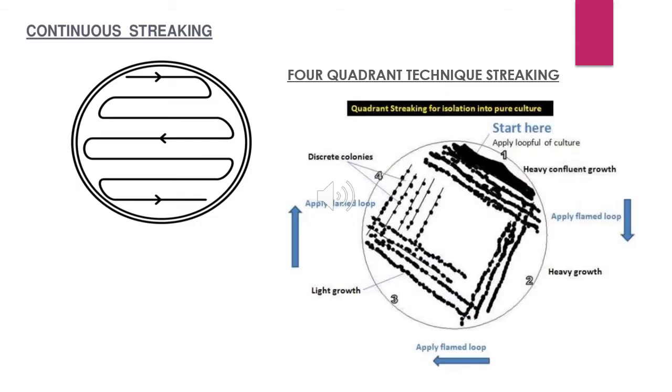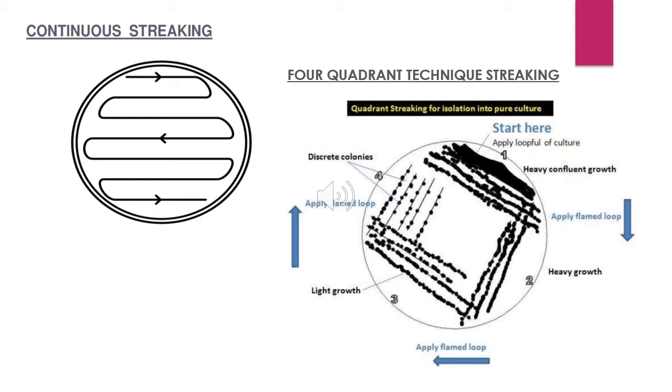So here are samples of streaking. The continuous streaking allows a unidirectional flow of streaking across the agar surface, decreasing the population of organism from the point of first inoculum until the last. You also use this technique if we are to save some organisms for further testing or subculturing.